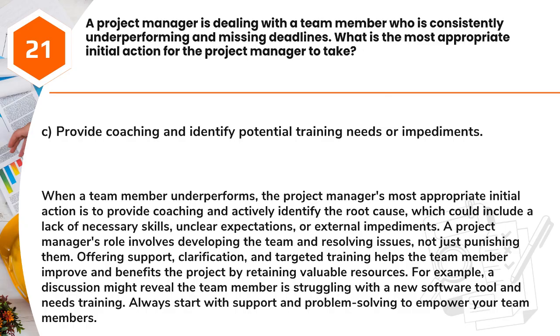Offering support, clarification, and targeted training helps the team member improve and benefits the project by retaining valuable resources. For example, a discussion might reveal the team member is struggling with a new software tool and needs training. Always start with support and problem solving to empower your team members.